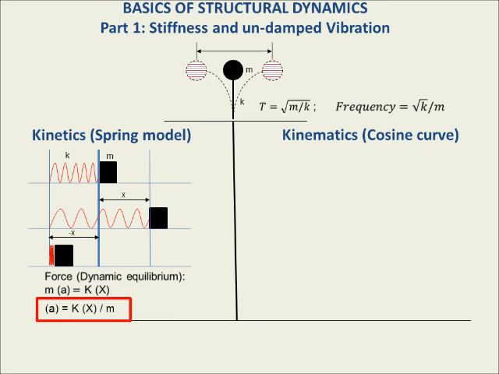The response we defined as space-time responses: displacement, velocity, acceleration, right? In this case, we're going to pick out the acceleration and we're going to say it is equal to kx over m, all simply by writing an equation of dynamic equilibrium. Okay, now we go over to the other side and we're going to represent the same system in terms of kinematics.